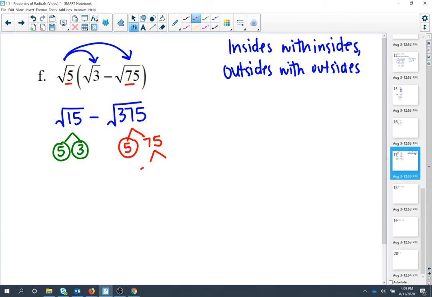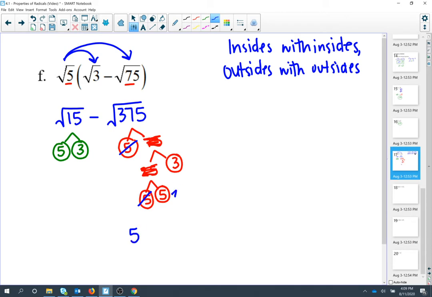So 75 is 25 times 3. 25 is 5 times 5. Can't use the 25, can't use the 75, and we're looking for groups of 2. So group of 2, I've got a 5 and a 5. So 5 gets out, the other one disappears.